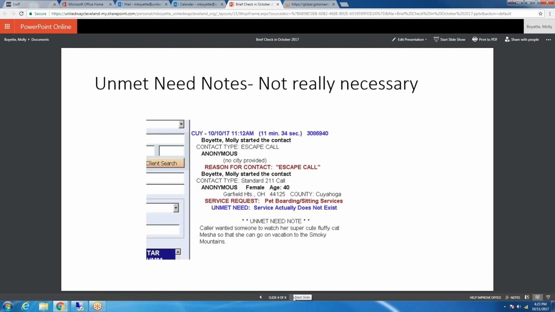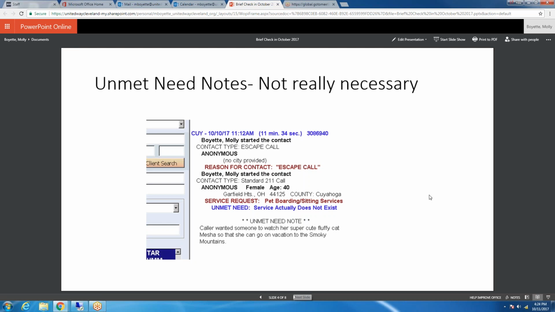It's pretty difficult to collect all those unmet need notes and put them into any sort of useful or relevant document, or collect data on that in any way. So if you're putting something in there, don't expect to get any sort of response or results from that.